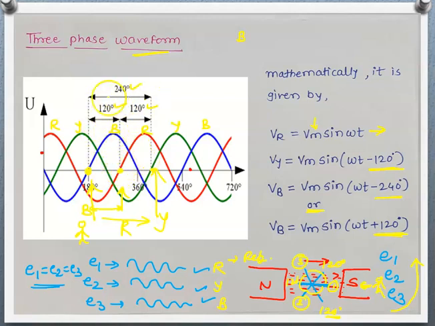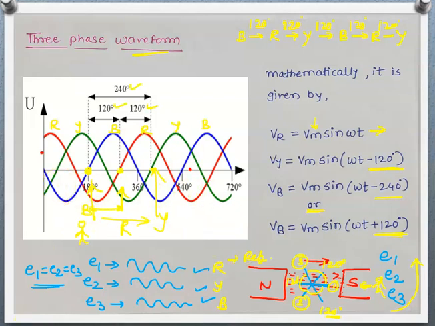So the overall phase difference between the first and third will be 240 degrees. So after Y we will get R, then Y, again B, again R, again Y, and the angle between them is 120 degrees because they are placed at 120 degrees with respect to each other.